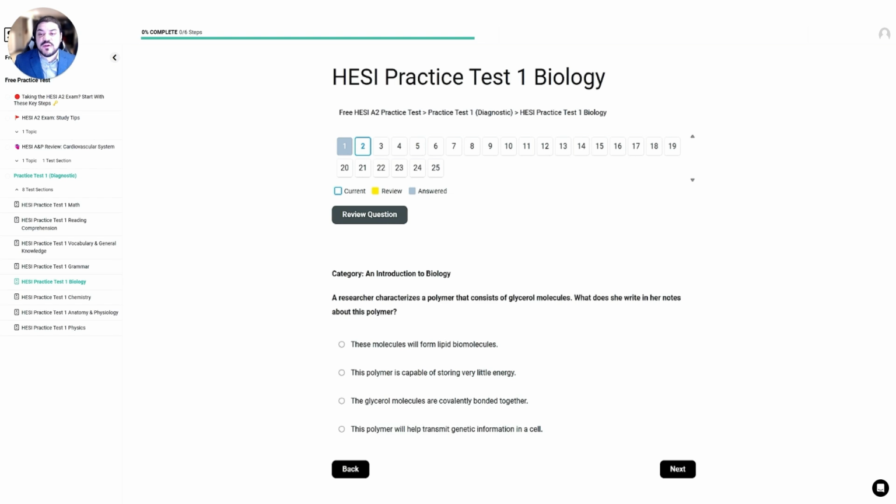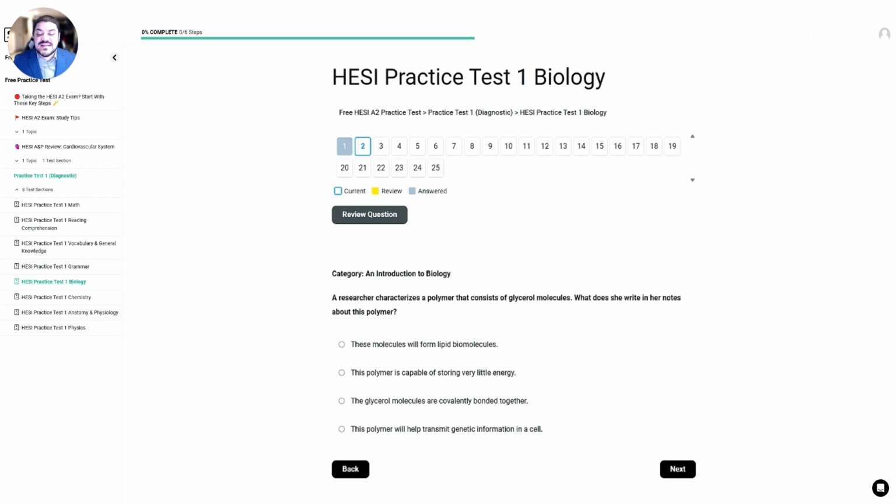The glycerol molecules are covalently bonded together. The researcher would write in her notes that the glycerol molecules are covalently bonded together. Glycerol is a component of lipids, but in this case, it's mentioned that the polymer consists only of glycerol molecules. Therefore, the statement about lipid biomolecules is not accurate.